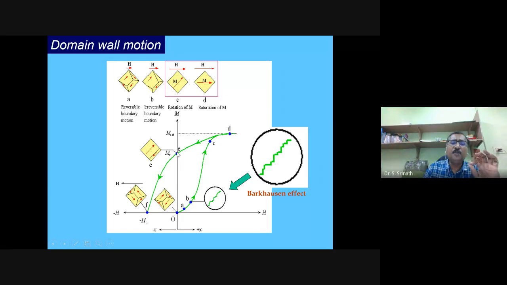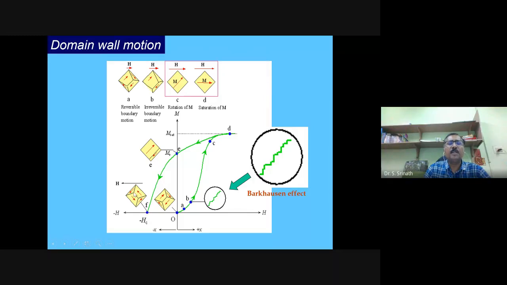To make this 0, you further increase the field in the opposite direction till it hits upon a field called the coercive field. This field is called the coercive field, where again it will go back to the original configuration of the unmagnetized state. So there the net magnetization again is 0.